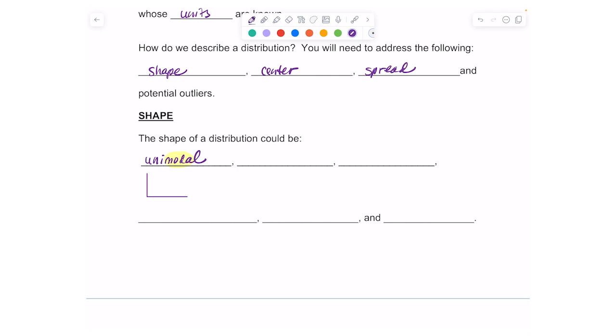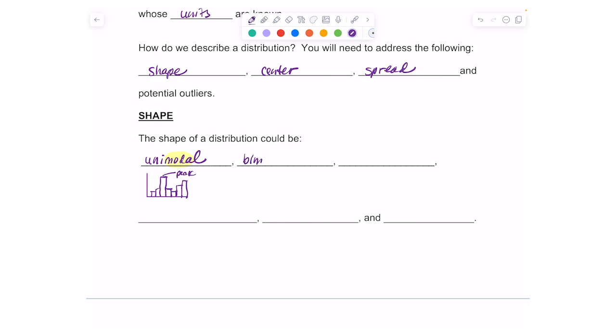And if we see one peak, and it doesn't have to be in the middle, maybe we have something like this. We've got one high point, that's where the peak is. That's where the mode is. So the mode is the number that occurs the most, and there's one mode, the prefix uni, right here. So we have a unimodal distribution.